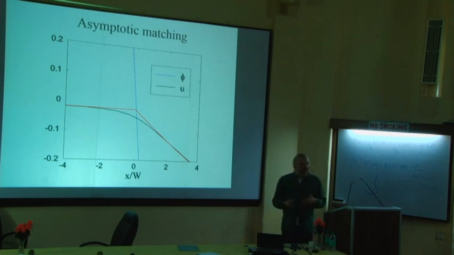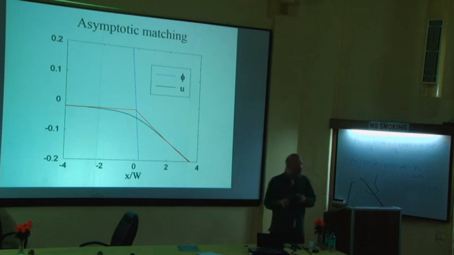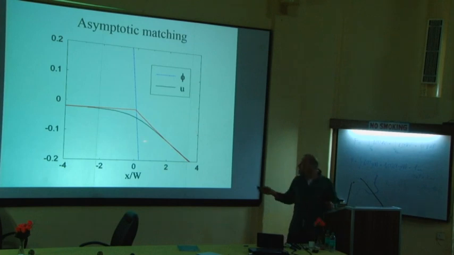So in order to get an exact value for this interface mobility, I told you that the interface mobility is the constant of proportionality between driving force and velocity. Now, if your driving force varies through the interface, you have to take this into account in order to get the right constant of proportionality. Okay? And that's exactly what that second term is. It takes into account the fact that the driving force is not constant through the interface.